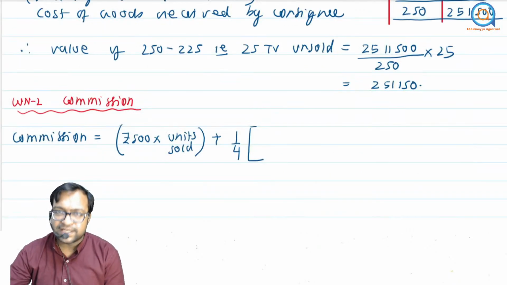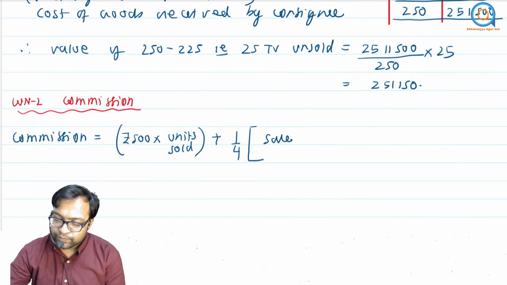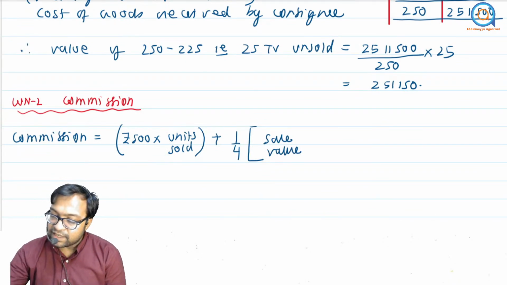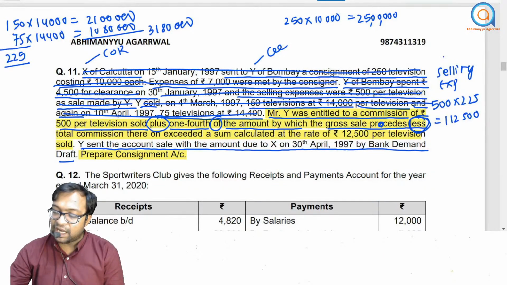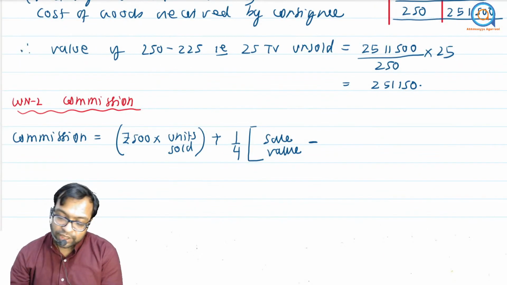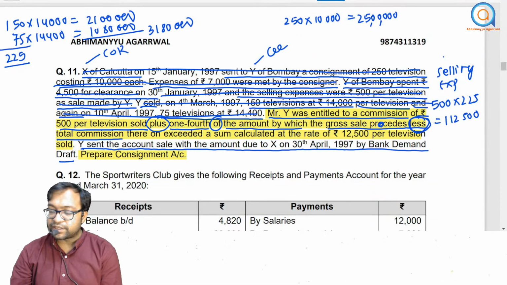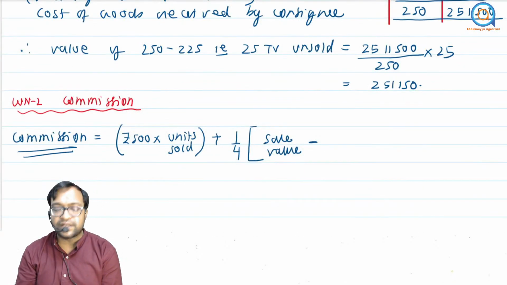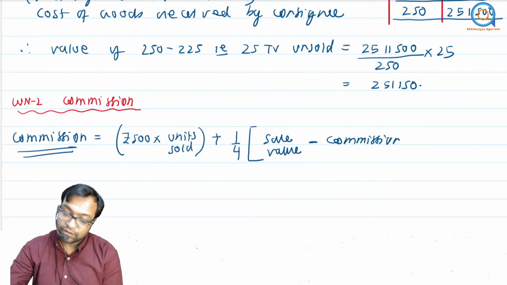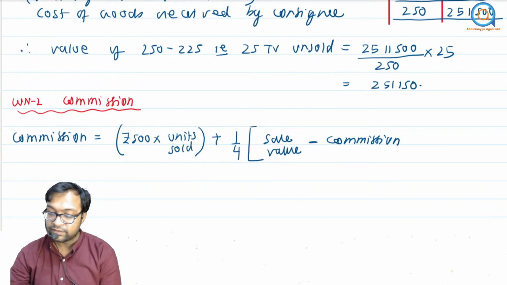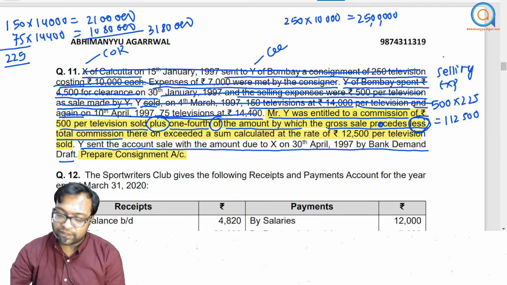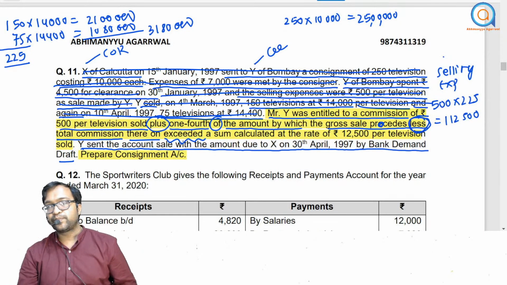Gross sale proceeds means sale value. After sale value, they are writing less. Less means minus. Less what? Less total commission. So this is my total commission. So minus this figure only. Minus total commission. Then total commission. Thereon. Exceeds. Acha, tell me.